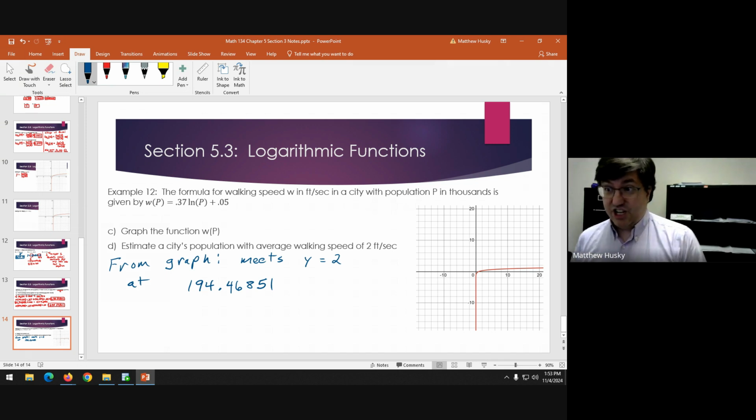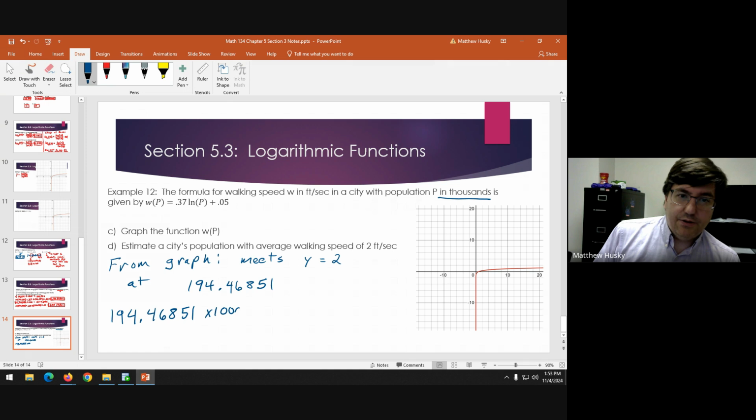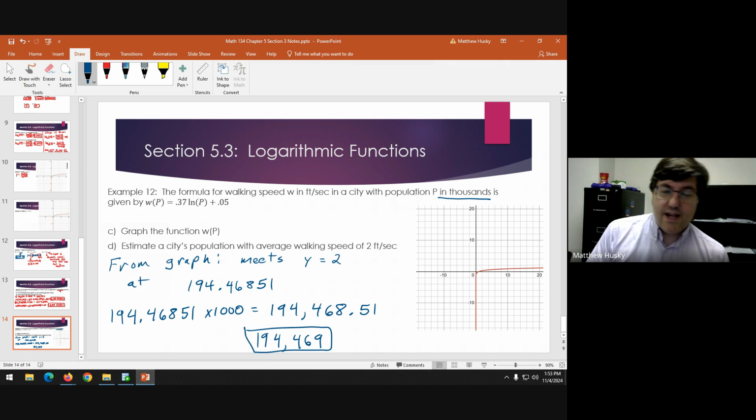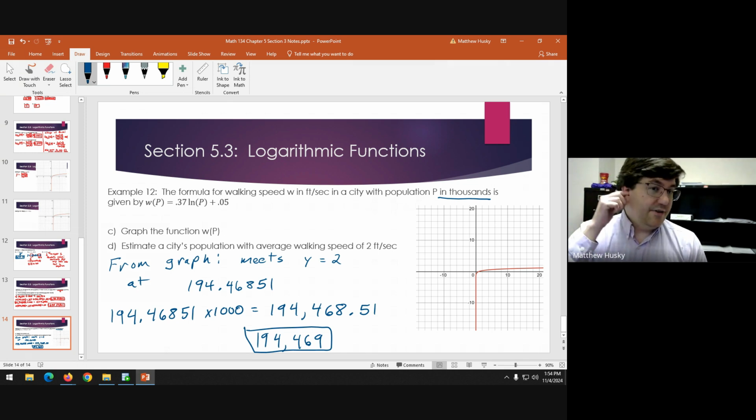Now, that's the population in thousands. Again, this is the population in thousands. So we're going to take 194.46851 and multiply it by 1,000, which will give you 194,468.51. And if we round that off, that's about 194,469 people. That would be the answer to the question. It's very precise. Somewhere around 194, 195,000 people, somewhere in there.